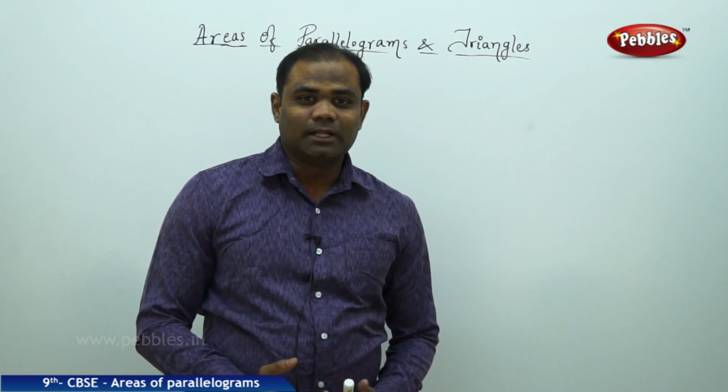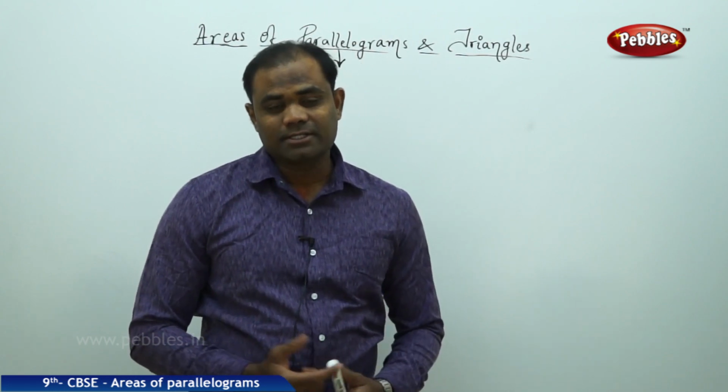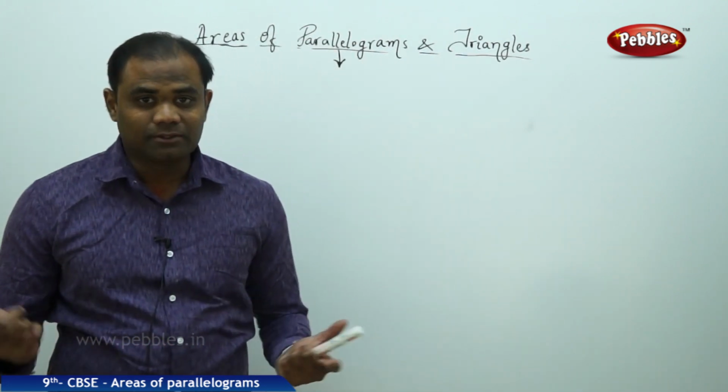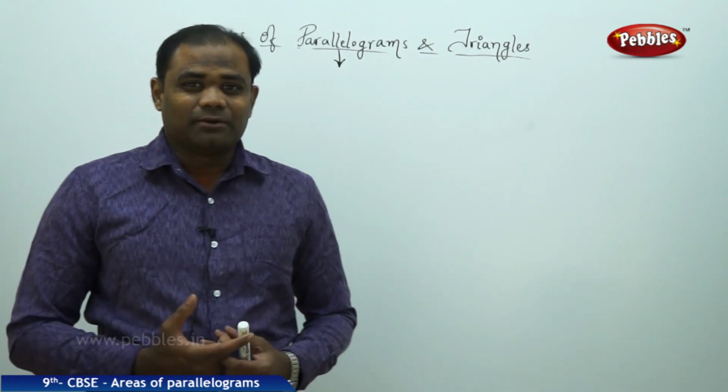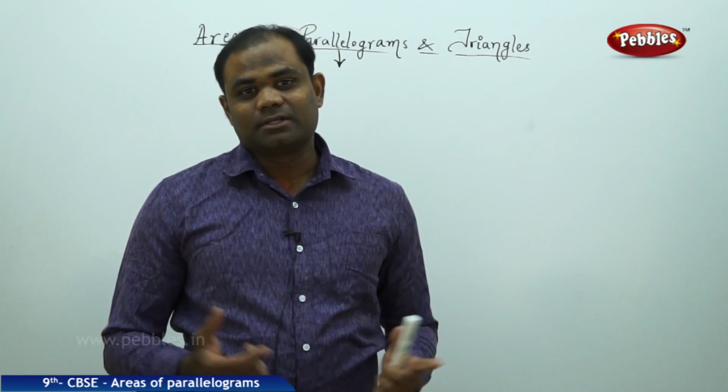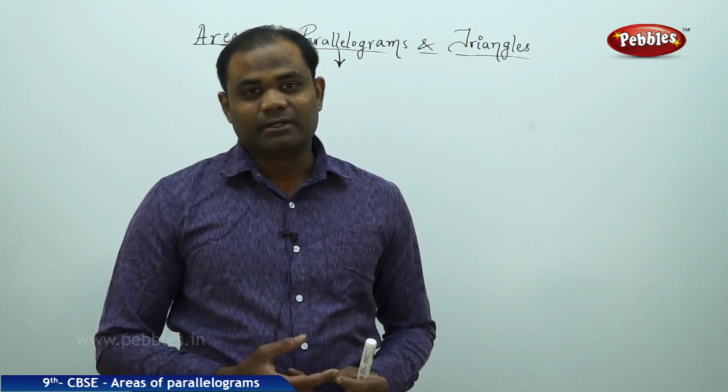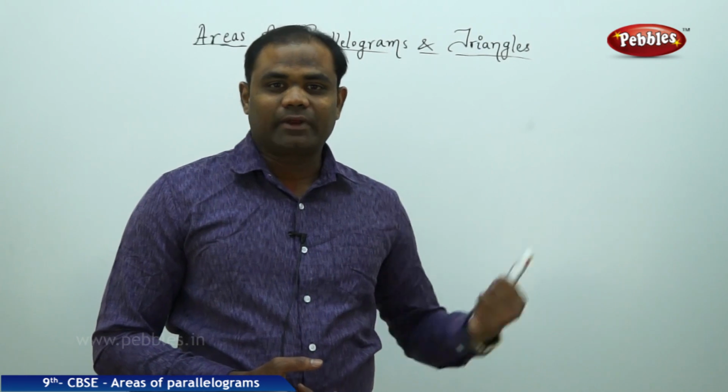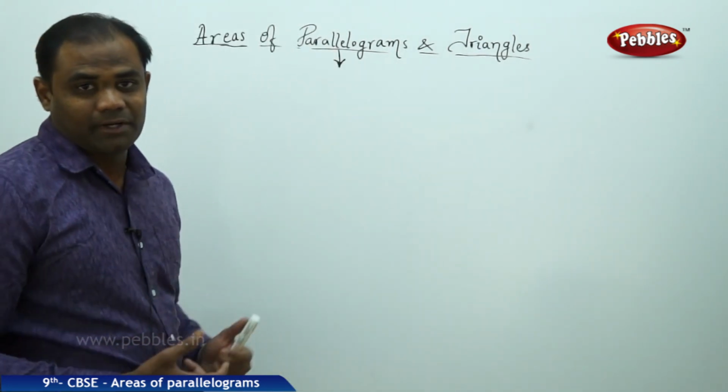Now let's see area of triangle. What could be the formula for area of triangle? Just like area of rectangle is length into width, and area of parallelogram, which was recently proved as base into height. So we had area of parallelogram as base into height. Similarly, let's see area of triangle ABC.